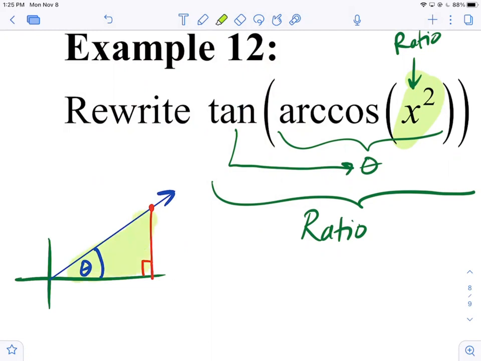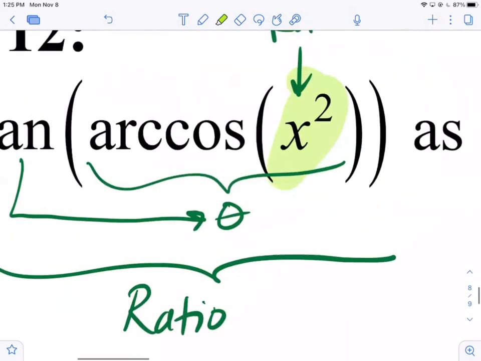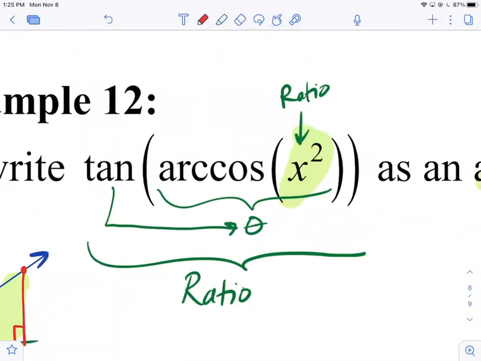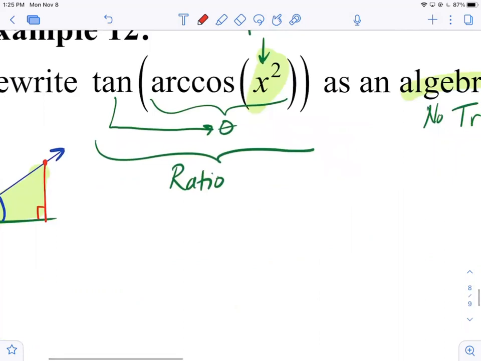And that's what trig is. It gives you a way to talk about the ratio of any 2 sides. We have a ratio. It's x squared, but I can make it look more ratio-esque. If you want, you could say theta equals arc cosine of x squared over 1. And then how do you un-arc-cosine something?